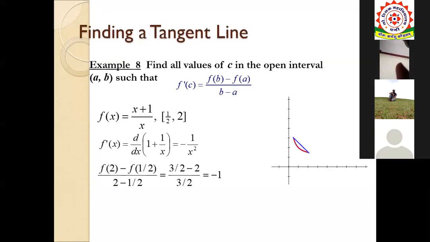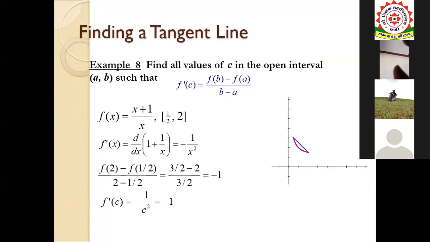So f of 2 minus f of 1 by 2 divided by 2 minus half. Simplifying, we get minus 1. So f dash of c is equal to minus 1.